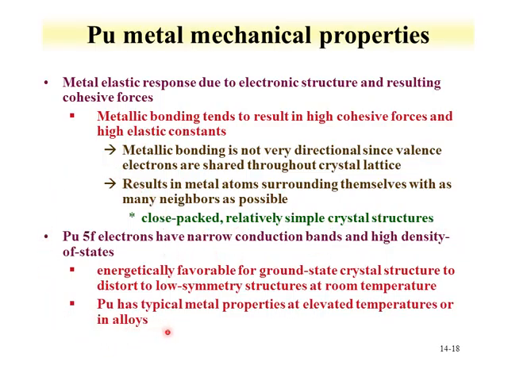So plutonium has typical metal properties at elevated temperatures or in alloys, as we've seen, but at the lower temperatures we have this low symmetry. And again, this not only has this structural behavior, but has some of these mechanical behaviors that go along with it. And again, it's all linked to the behavior of the F electrons.